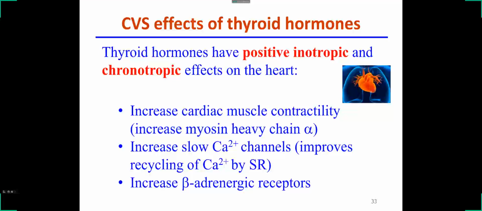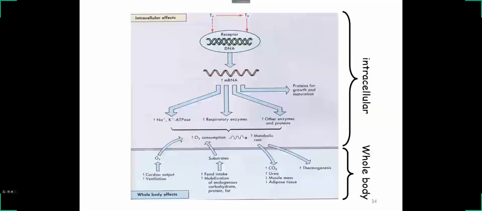And then finally, obviously, the major receptors for cardiovascular function are these beta-adrenergic receptors, which again will also be impacted. So, thyroid hormones have a dramatic effect on our metabolism and specifically also on the ability of our cardiovascular system to maintain.